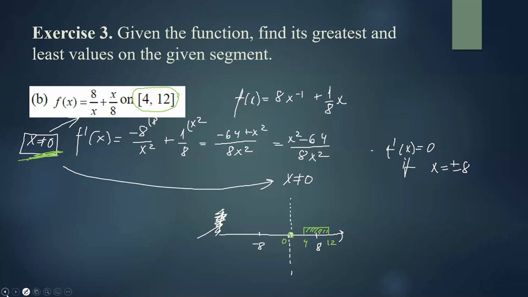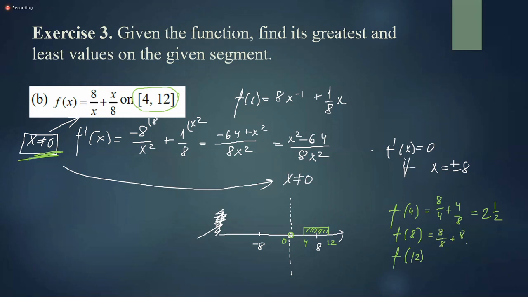And so now we simply find the function values. Function at 4, function at 8, and function at 12. If x is 4, we have 8 divided by 4 plus 4 divided by 8, that's 2.5. If x is 8, we have 8 over 8 plus 8 over 8.